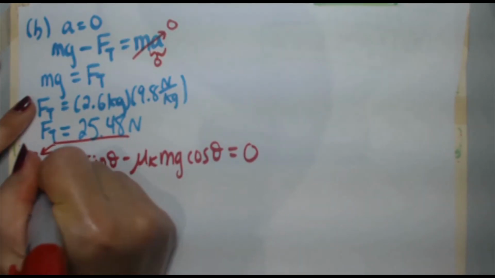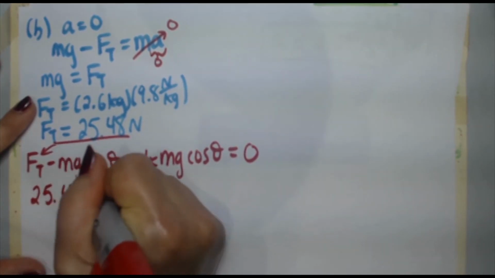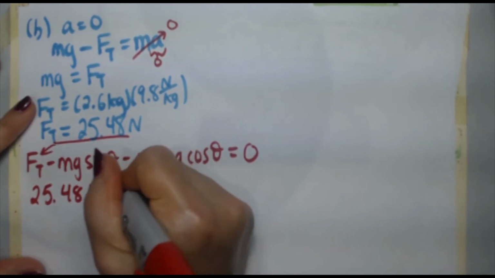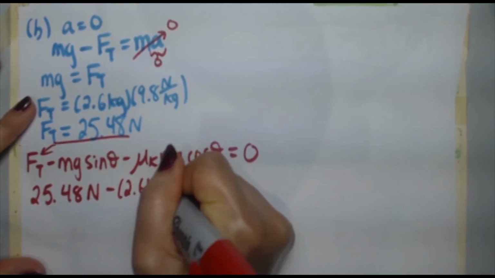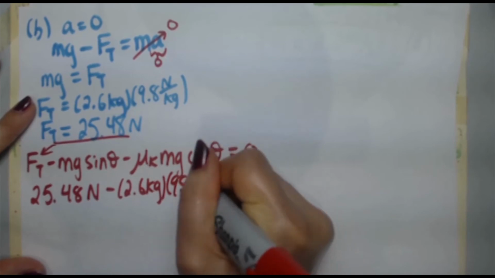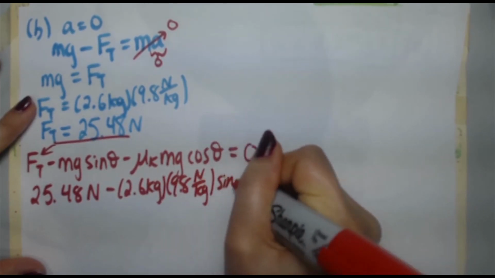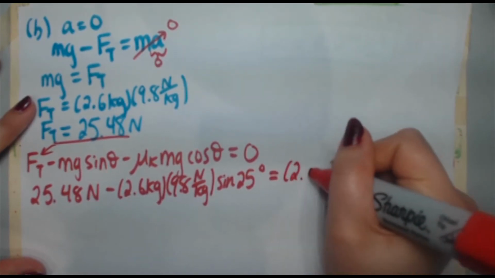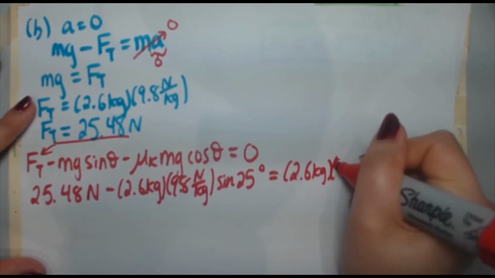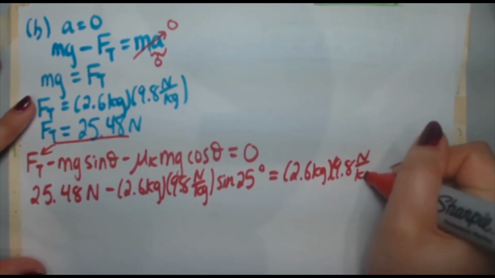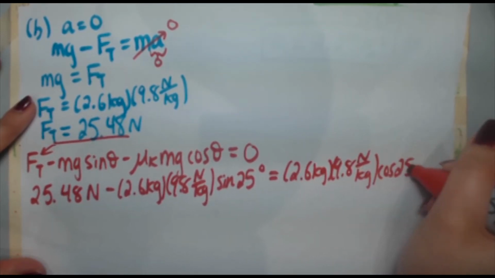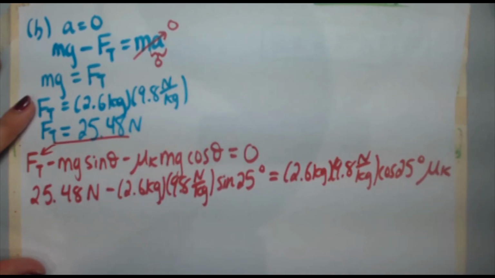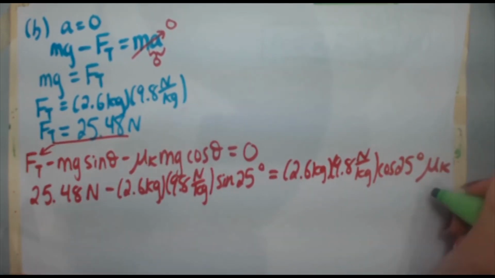So Ft, 25.48 newtons, minus 2.6 kilograms, 9.8 newtons per kilogram, sine 25 degrees, equals, again, 2.6 kilograms, 9.8 newtons per kilogram, cosine 25 degrees, mu k. And that is what we're looking for. Everything else is just a number. It's simply a matter of plugging it into your calculator.